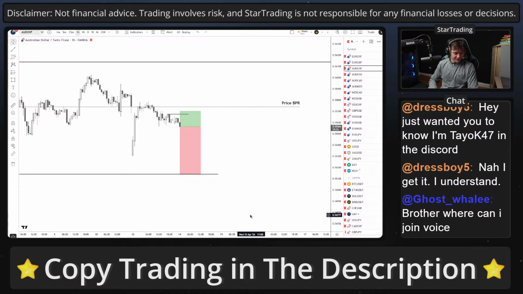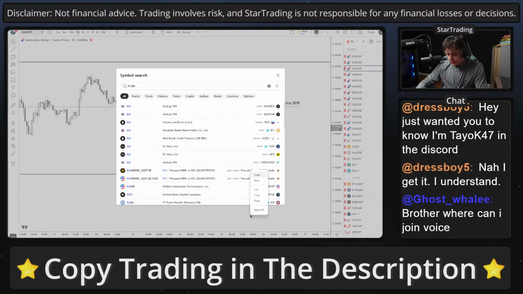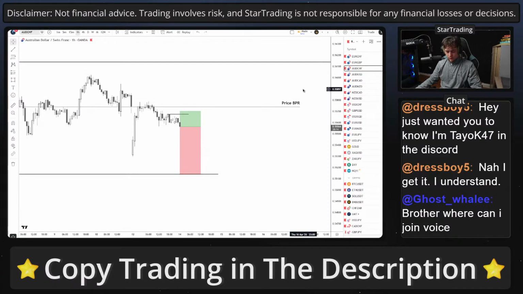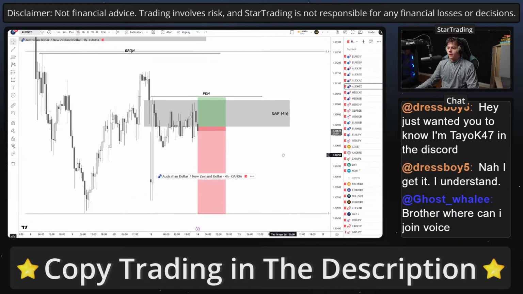On AUDNZD, the only thing that speaks against the trade was the 1 hour candle, the no wick candle. Almost no wick. It had almost a no wick candle on the 1 hour, but I was taking it at market.